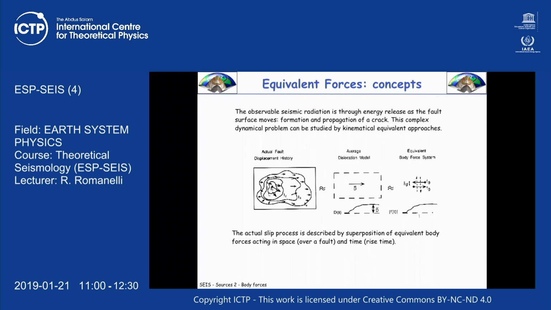So after we perform the integral, what we are left with is an average area and with an average direction. That's square brackets of U, and that's A. And later we have seen, okay, we can map this into a set of double couples. Actually, just one for a point source. But the only time information that we are left with is just the time necessary for that point to slip. And it's going to be called rise time.